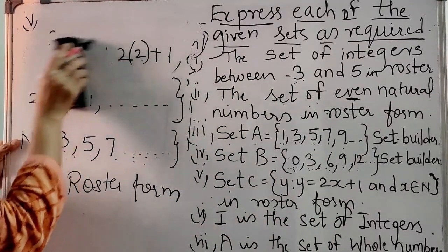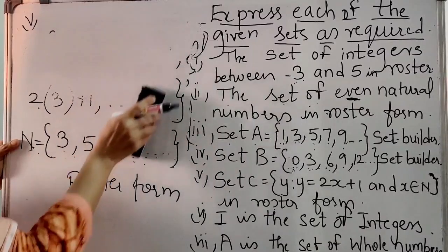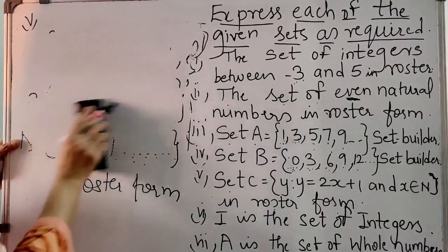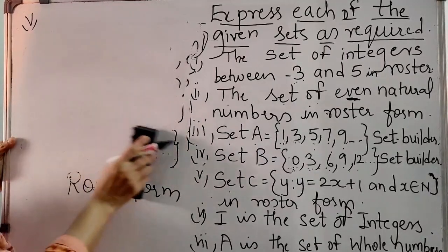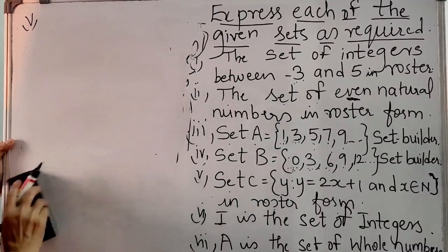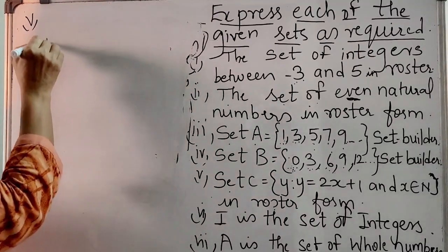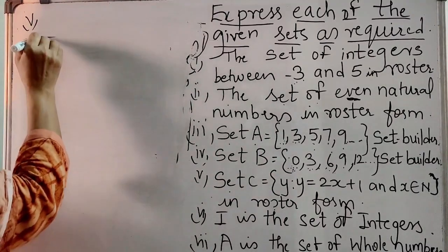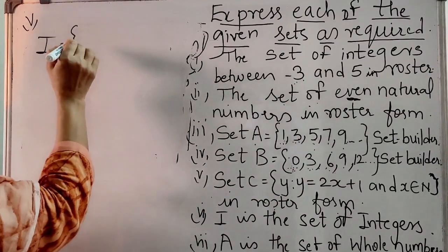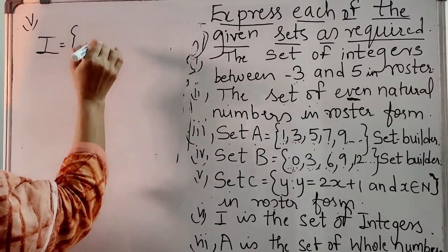Now sixth sum. It is given very simply that I is the set of integers. So you have to write I, which is the set of integers, in curly brackets. You know integers are negative and positive.